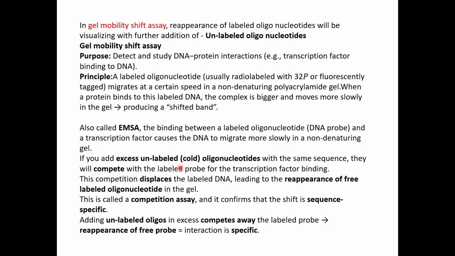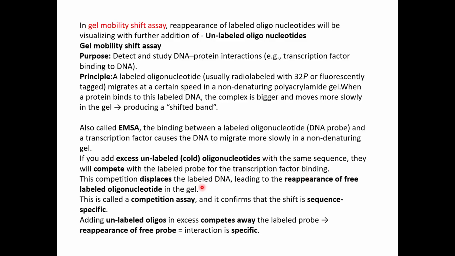So if you add excess of your unlabeled oligonucleotides with the same sequence, it is very important to remember that they must have the same sequence, they will compete with the labeled probe for the transcription factor binding. So your transcription factor will now bind to your unlabeled because now they are in excess. So your labeled ones will get replaced.